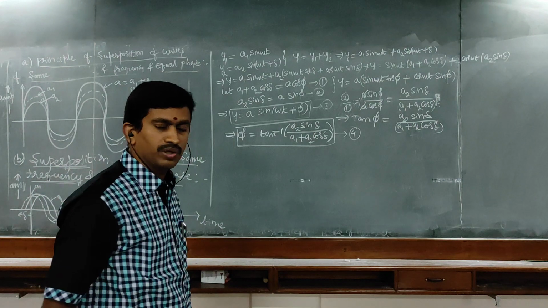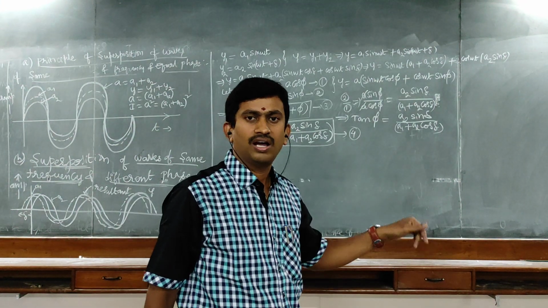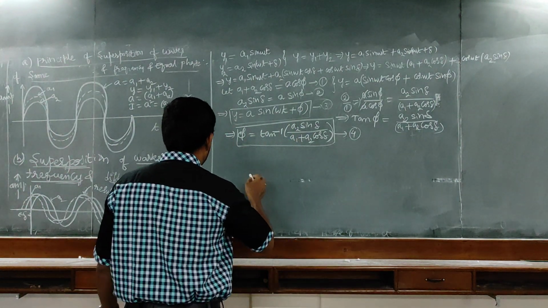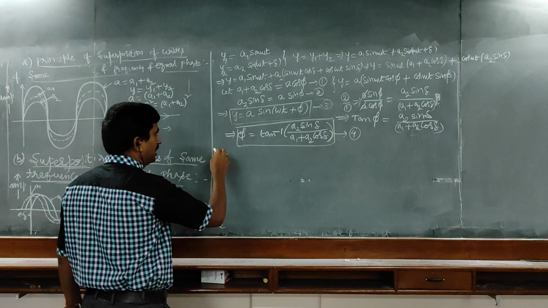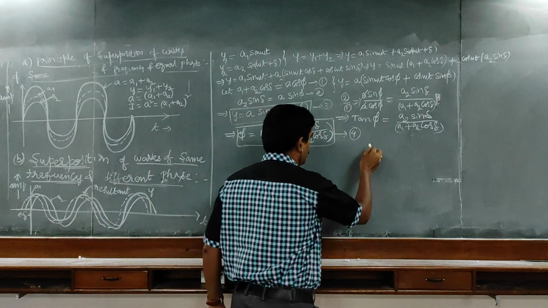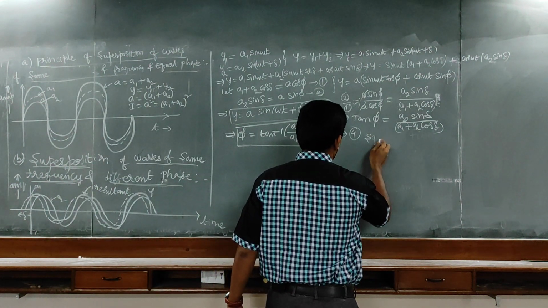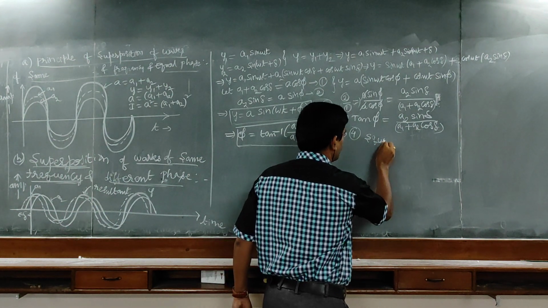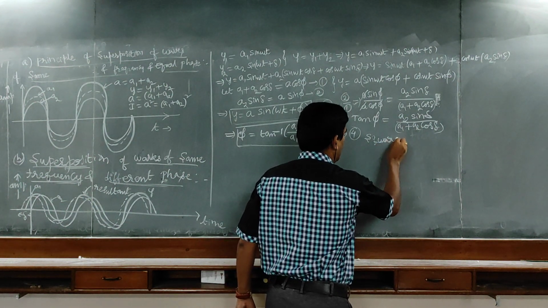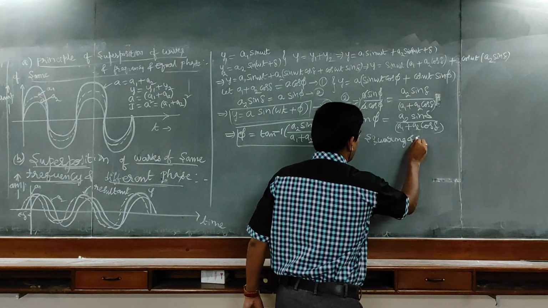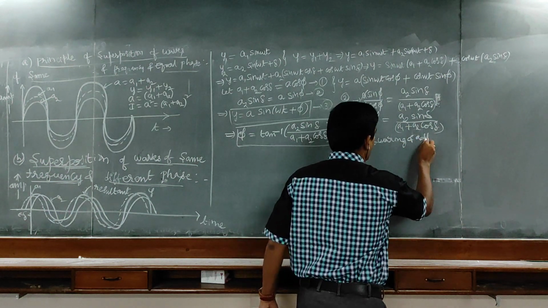Now, in order to get the amplitude of the resultant wave, let us look at squaring and adding equations 1 and 2.